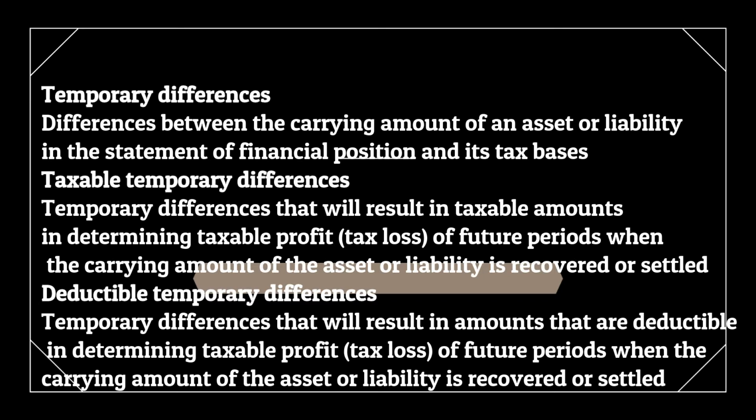Taxable temporary differences are temporary differences that will result in taxable amounts in determining taxable profit or tax loss of future periods when the carrying amount of the asset or liability is recovered or settled. Deductible temporary differences are those that will result in amounts that are deductible in determining taxable profit or tax loss of future periods when the carrying amount of the asset or liability is recovered or settled.